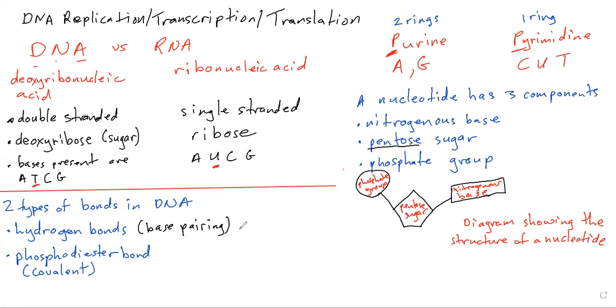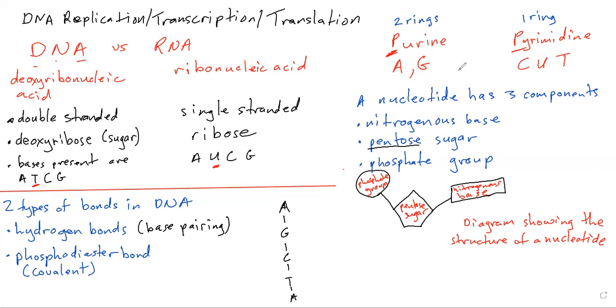You won't find hydrogen bonds on a single strand of DNA. So let us say you have one strand of DNA, A, G, C, and so on. This bond here is not your hydrogen bond.